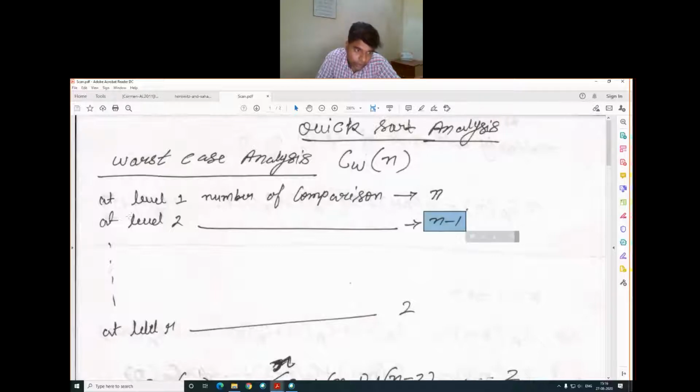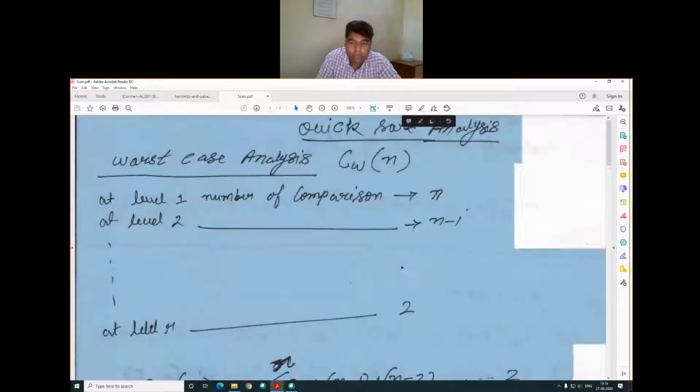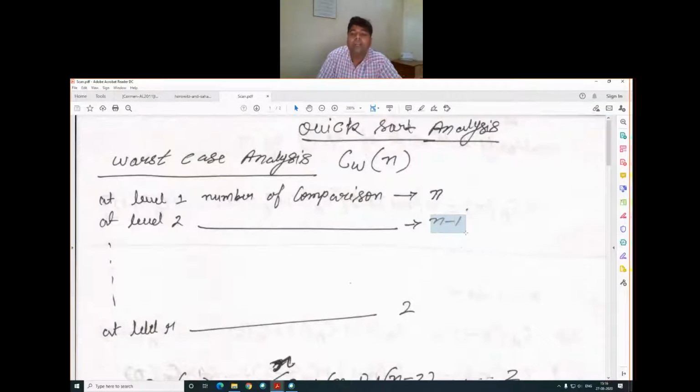So at level number 2, how many comparisons will be performed at maximum? n minus 1. At level 1 we perform at most n comparisons, at level 2 at most n minus 1.